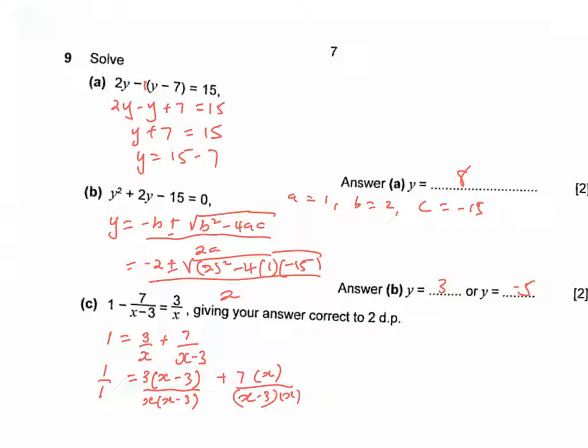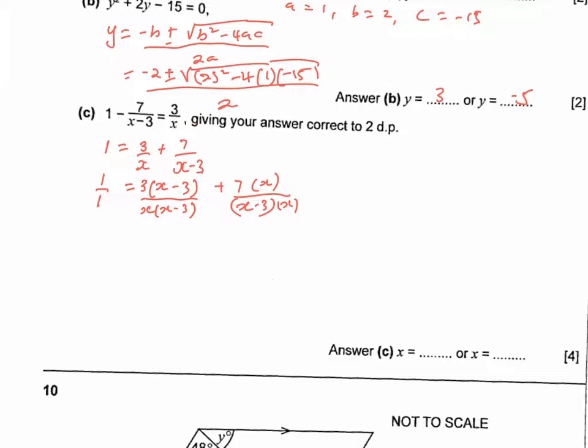Okay, if I continue, I'll have this is 1 over 1 equals, if I expand here, I'll have 3x minus 9 over x.